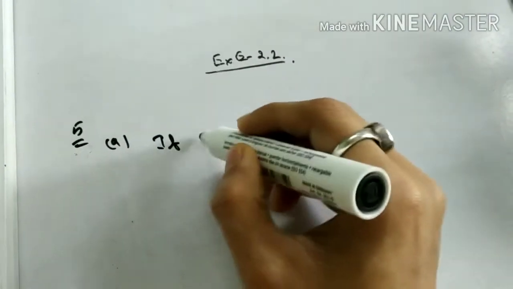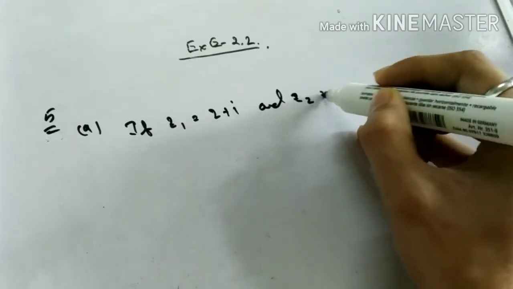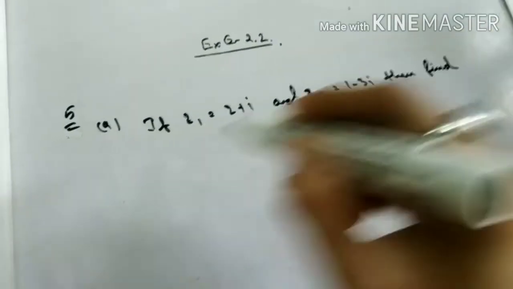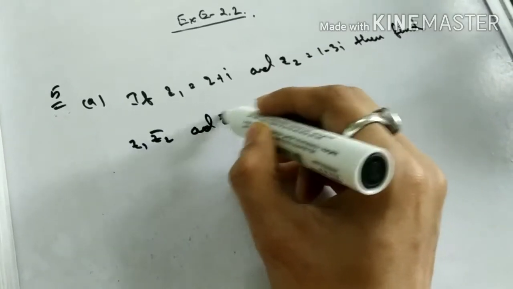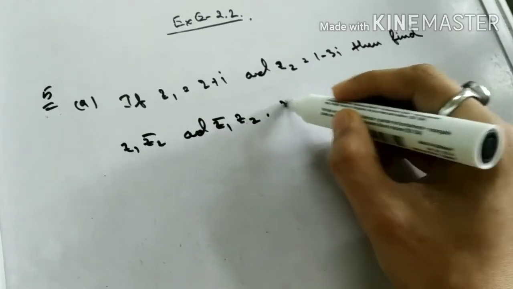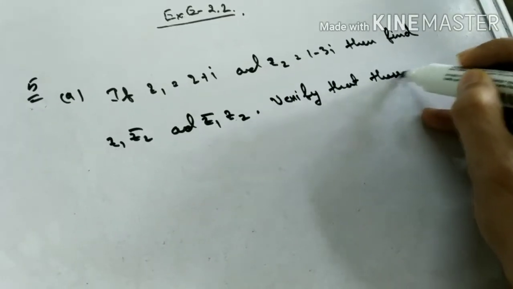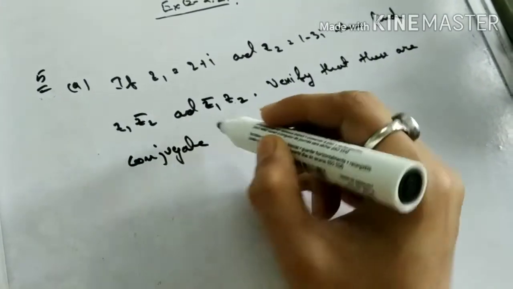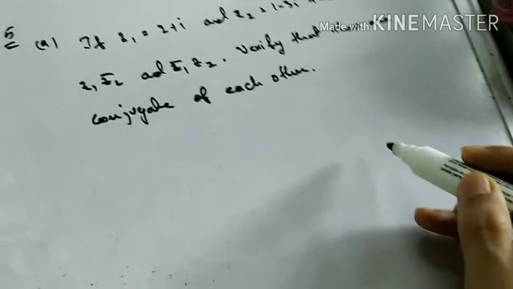Question number 5, part A, saying that if Z1 is equals to 2 plus i and Z2 is equals to 1 minus 3i, then find Z1 into Z2 bar and Z1 bar into Z2. Verify that these are conjugate of each other.